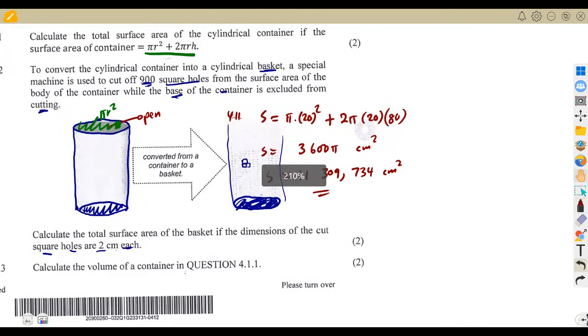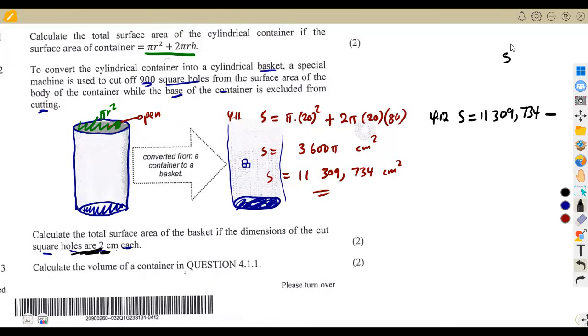So at the end, we were going to have our total surface area for this 4.12 from the area that we obtained before, which was 11,309.734, minus the area of the square holes that we are having, each of 2 centimeters. Remember, the area of a square is side squared, which is side times side.